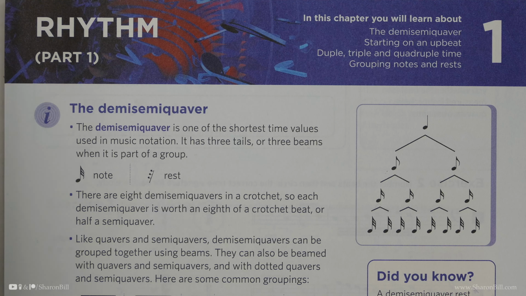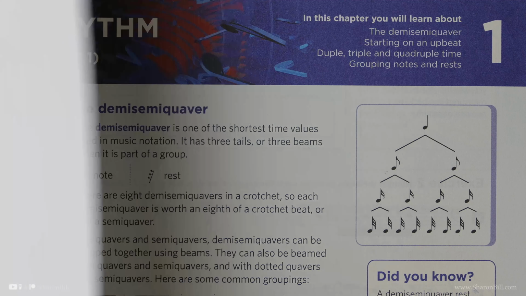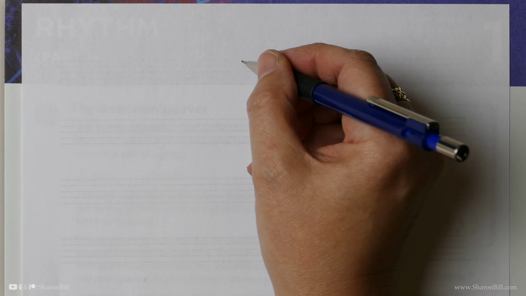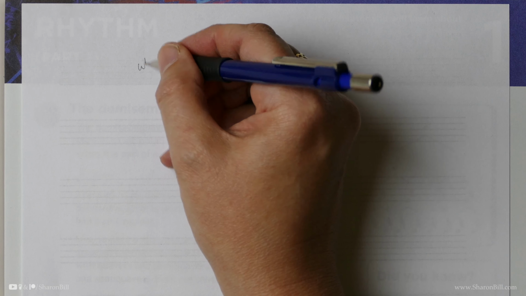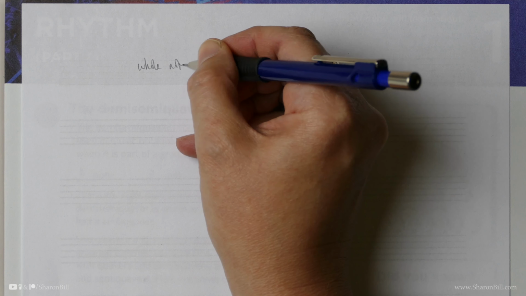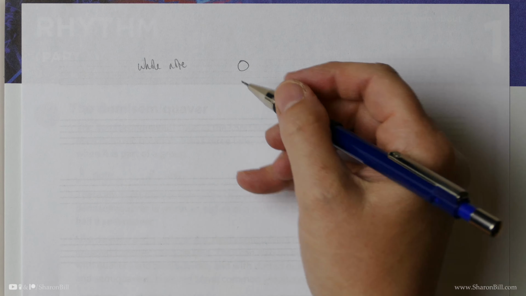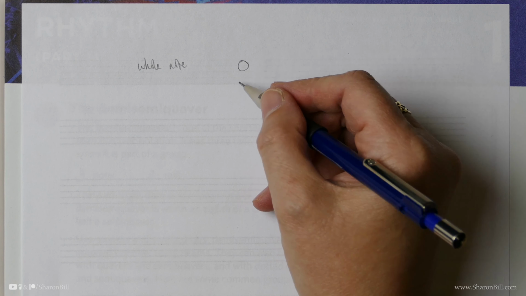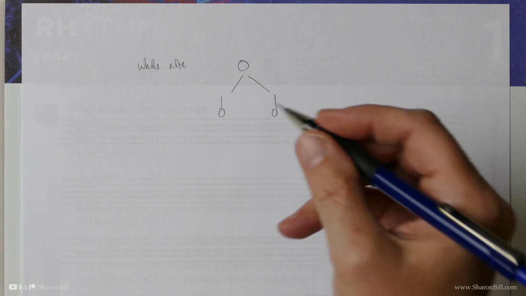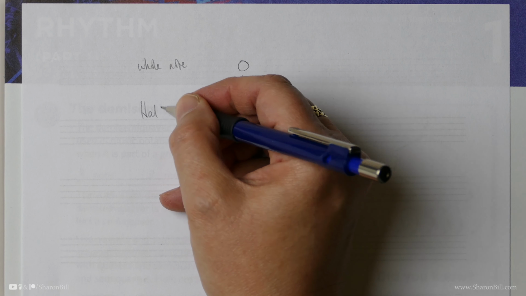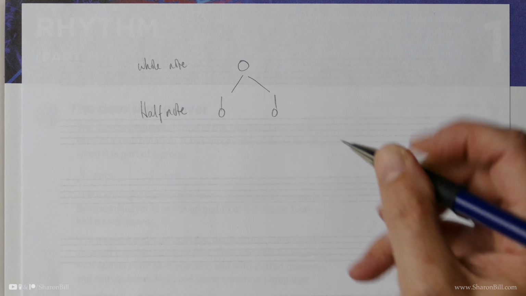And the reason demisemiquavers can also be referred to as 30-second notes is, if we just show this diagram, we know that a semibreve is often called the whole note in the sort of American or more pop music speak, as it were. And then that will divide into halves, and they are half notes or minims.